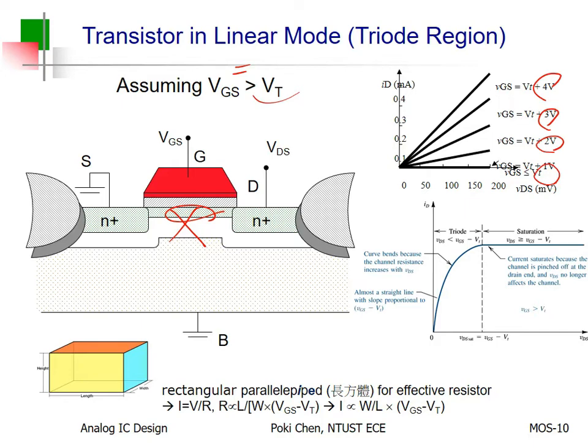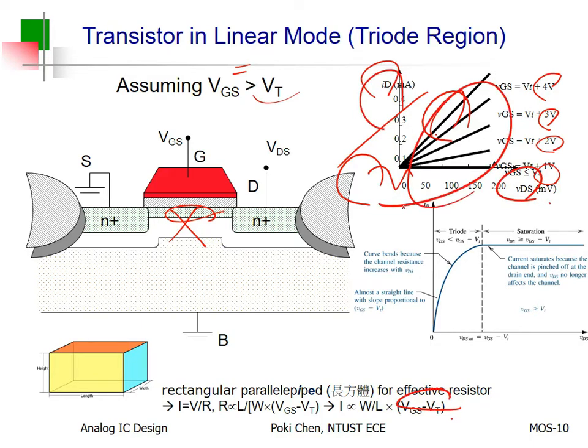Oh, the slope, because that is I over V. So for our IV curve from the very beginning, the slope of your IV curve will be proportional to VGS minus VTH. So that is the first concept I would like to explain to you.